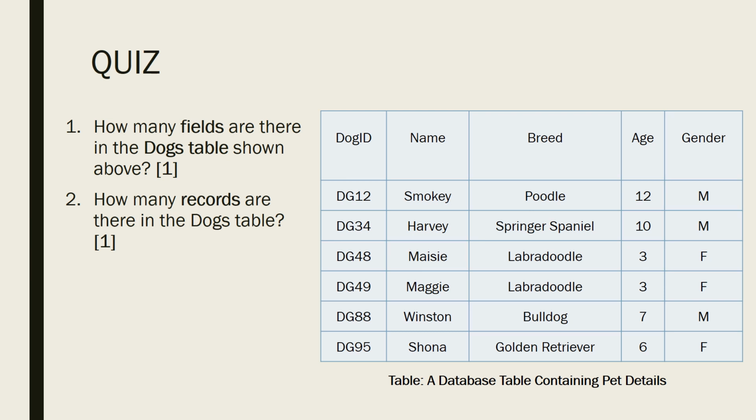So fields are basically your column names. 1, 2, 3, 4, 5. We have 5 fields, which are dog ID, name, breed, age, and gender. And we have 1, 2, 3, 4, 5, 6 records. See, these are 6 records.